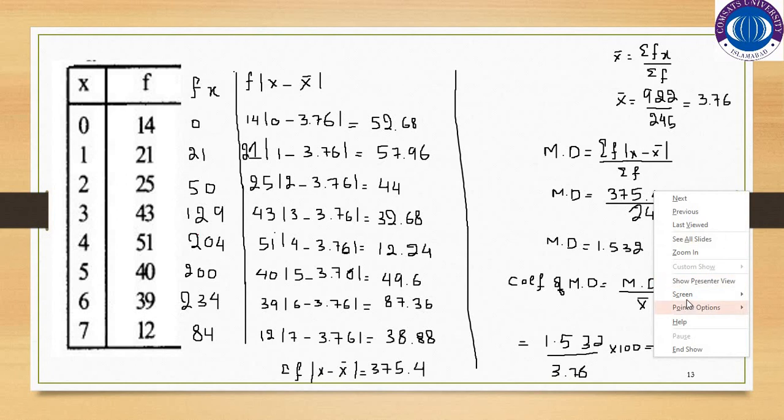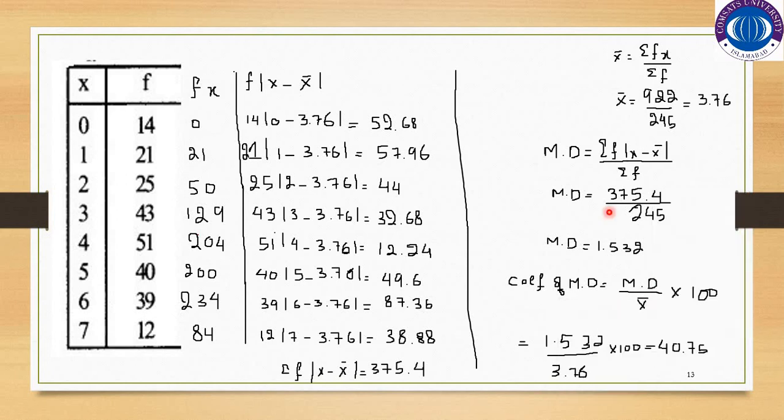So you need to know the summation f, which you can have by summing up this f column, and this sum would be 245, and you have to know the f of x, as you should know the x bar.